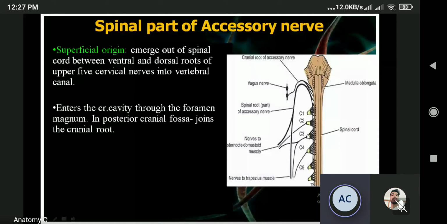Then it will ascend up and enter the cranial cavity through the foramen magnum. Then, in the posterior cranial fossa, it will join with the cranial root of the accessory nerve. Finally, the combined cranial root and spinal root will exit the cranium through the jugular foramen.